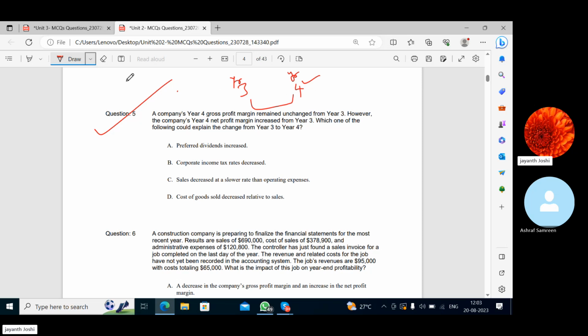So gross profit of year 3 is equal to gross profit of year 4, but net profit of year 4 is greater than net profit of year 3, right? Which one of the following would explain the change from year 3 to year 4?